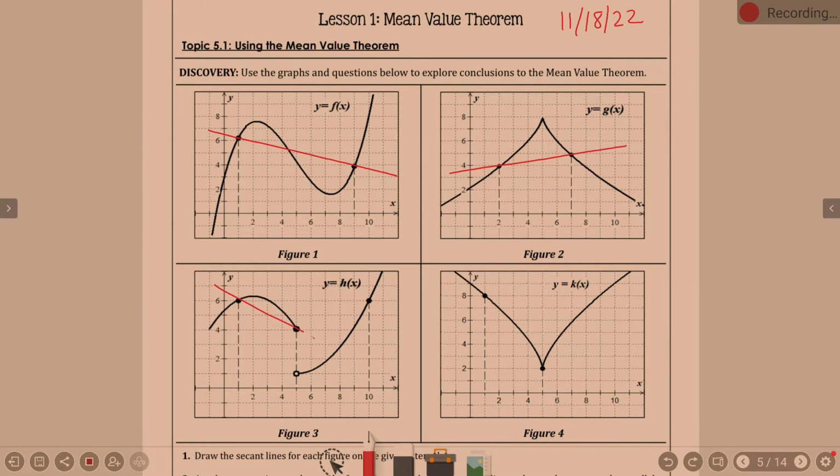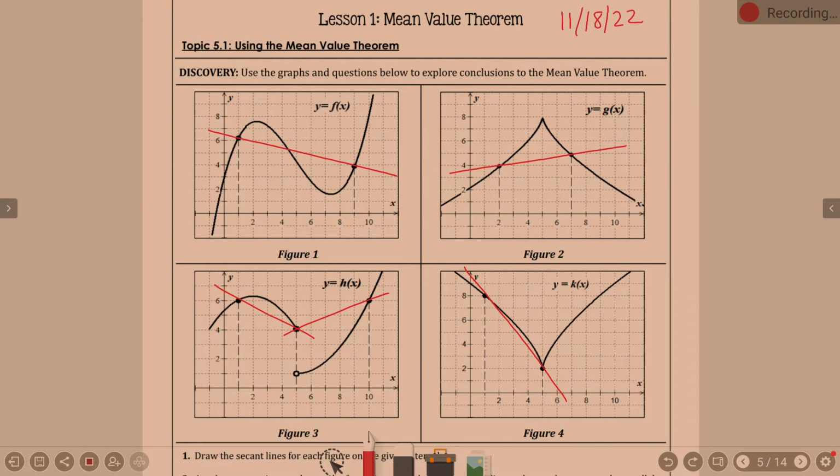How do you know which? Ooh, that one was a little curvy, but straight line across, there we go. And figure 4. We're going to go with that.